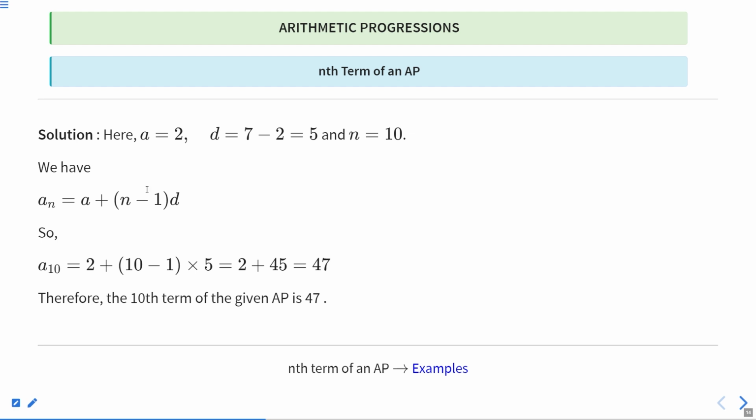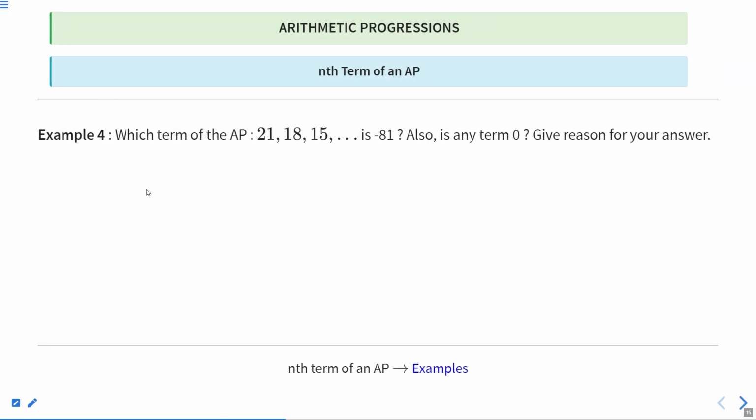Now let us see the next example. In this example, we are given the arithmetic progression 21, 18, 15, and so on. Which term of this arithmetic progression is minus 81?